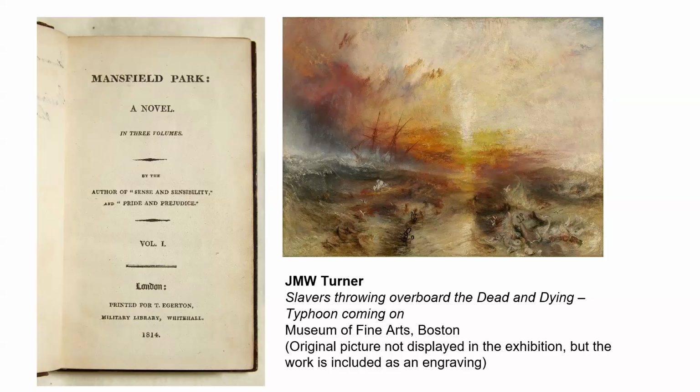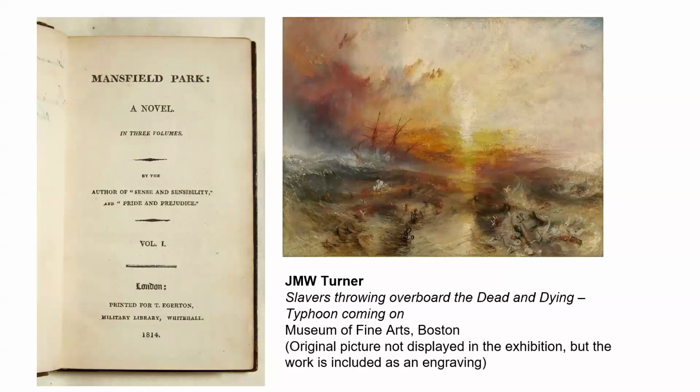And Turner, of course, also directly addressed the trafficking of African people during this period in his creative work, culminating in a painting produced in 1840, 7 years after the abolition of slavery in the British Empire. It's this picture here, Slavers Throwing Overboard the Dead and Dying, Typhoon Coming On. I'm sure many of you will be familiar with it.